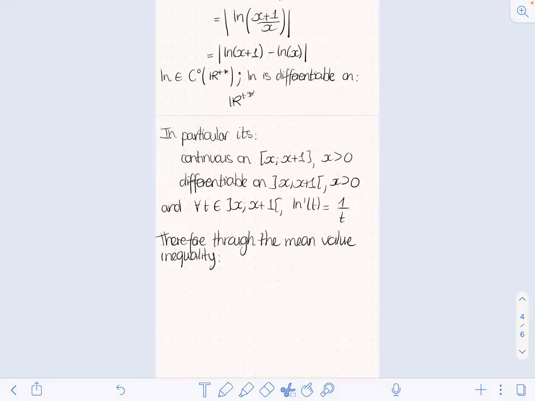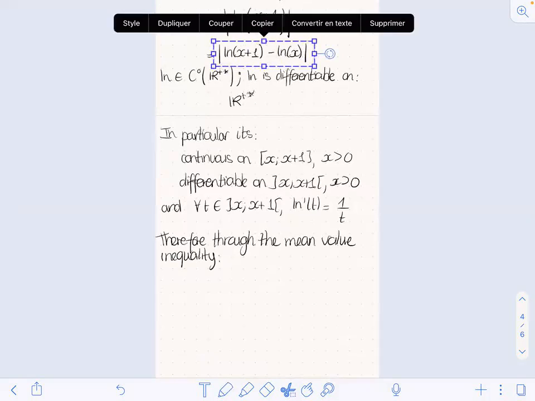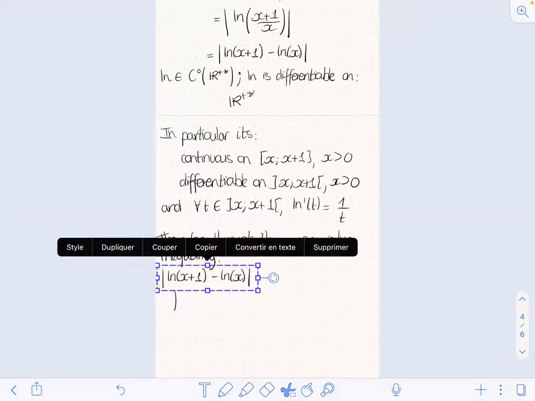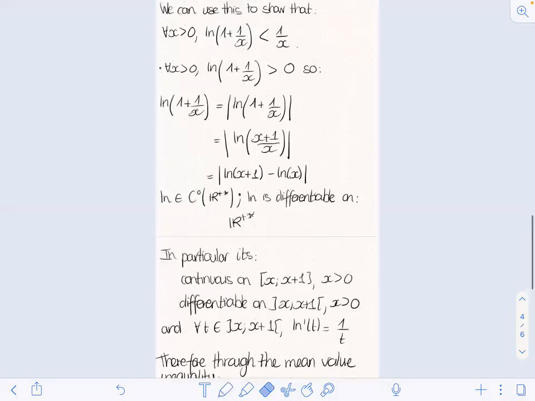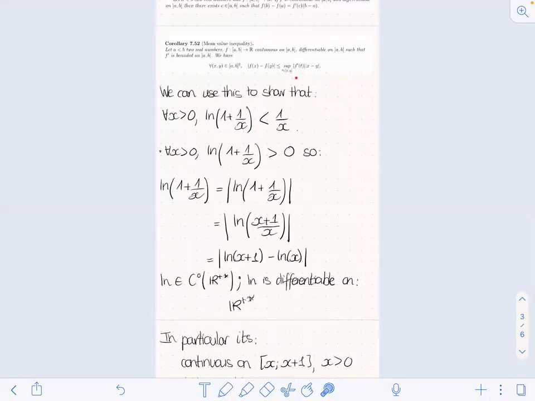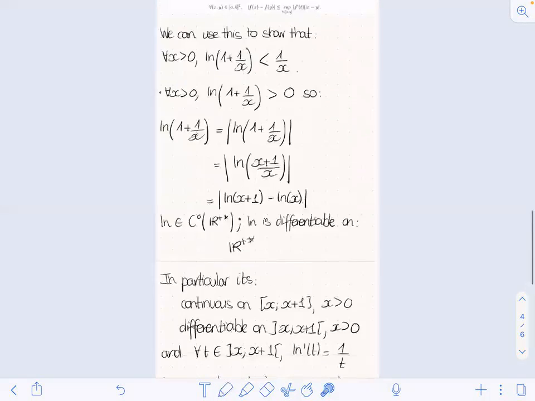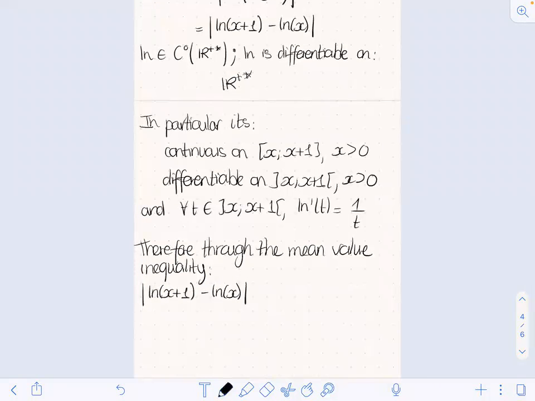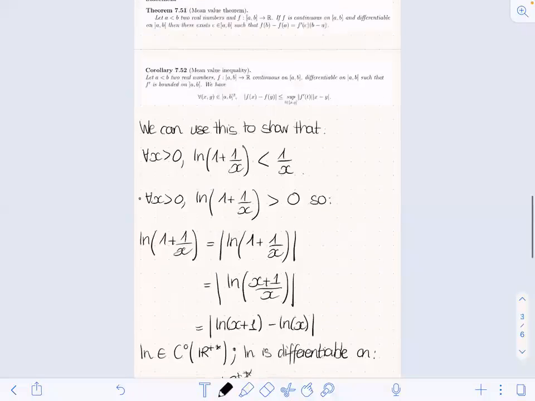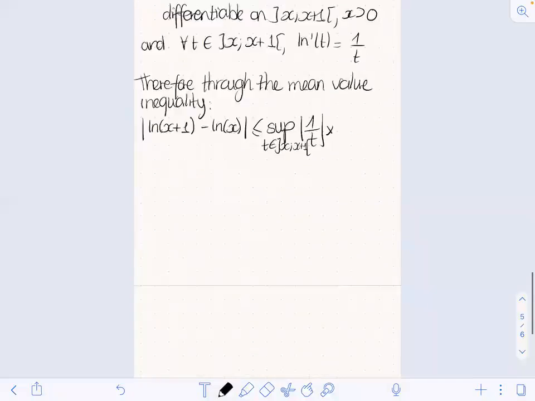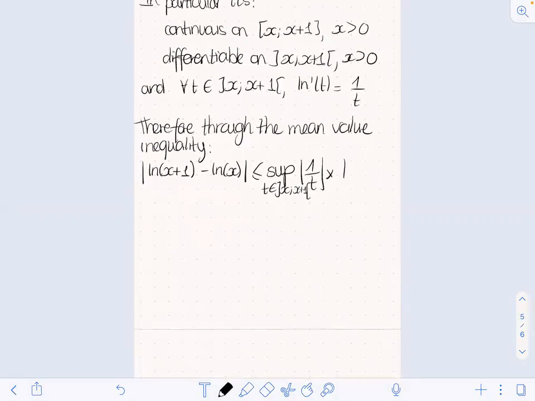we've got this term here. If we use what's above, it'll be smaller than the supremum of the derivative between x and x plus 1. So smaller than the supremum of 1 over t for t belonging to x to x plus 1 times, where's the other term, x plus 1 minus x.